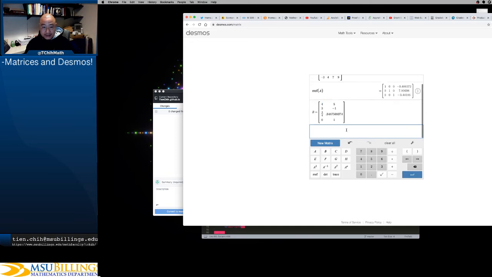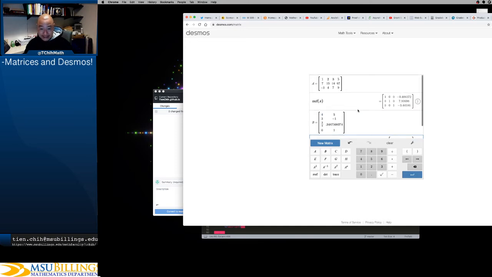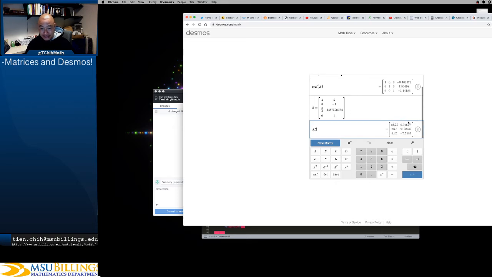Alright. Then if I take AB, it takes the A matrix, multiplies it by the B matrix, and gives me its outputs. I can get decimal representations for some of them. It doesn't really seem to like these too much, probably because this is too long, but I can change that, and there we go.